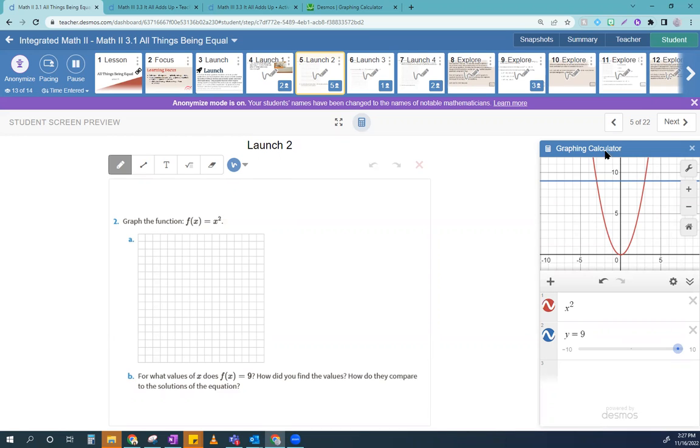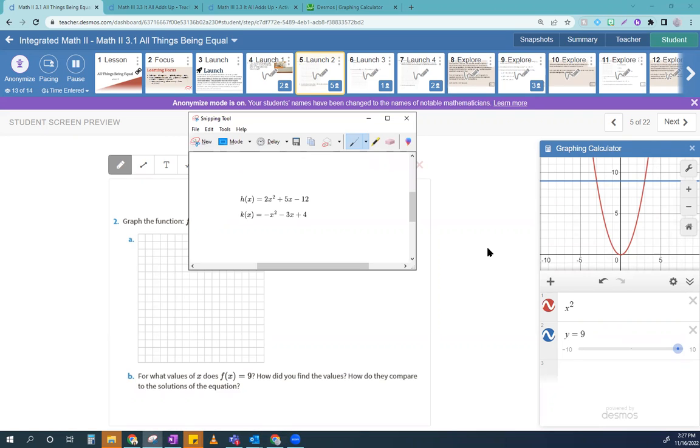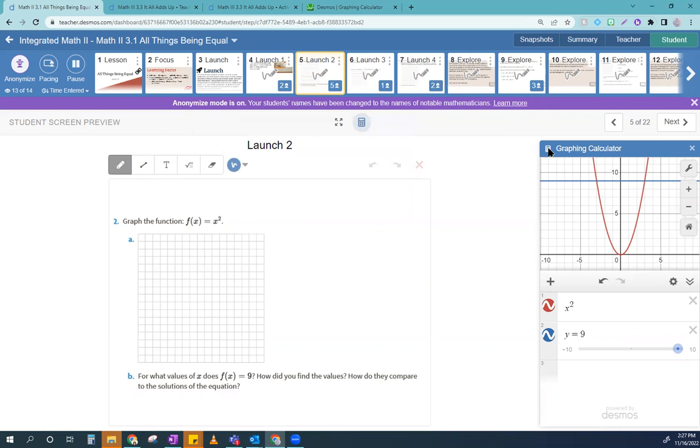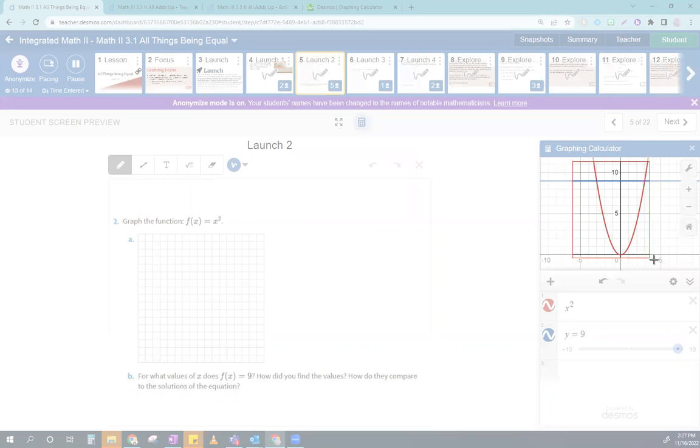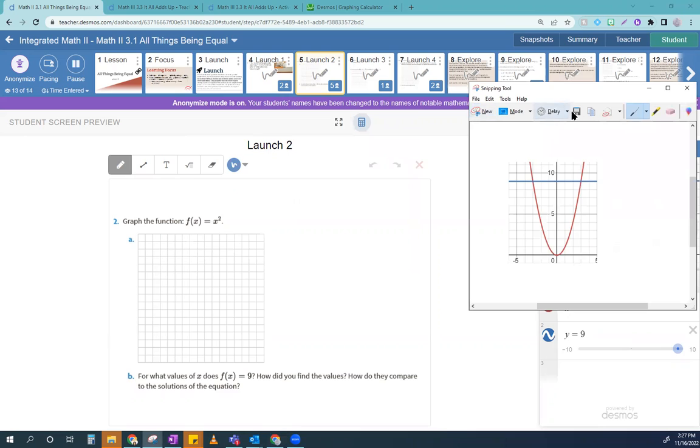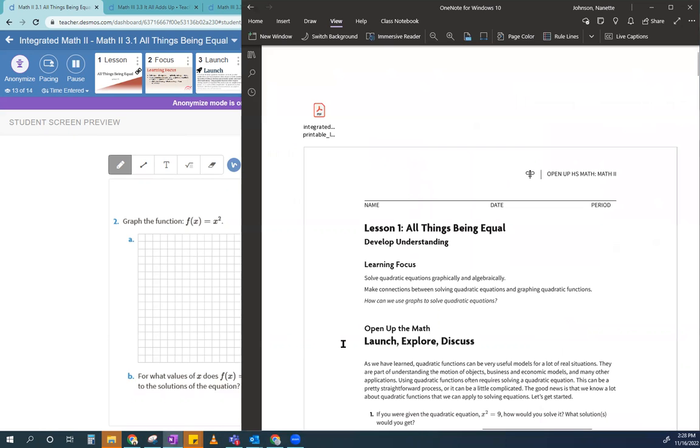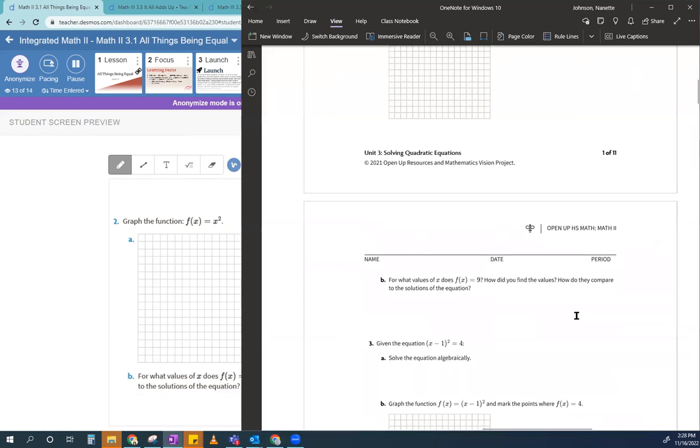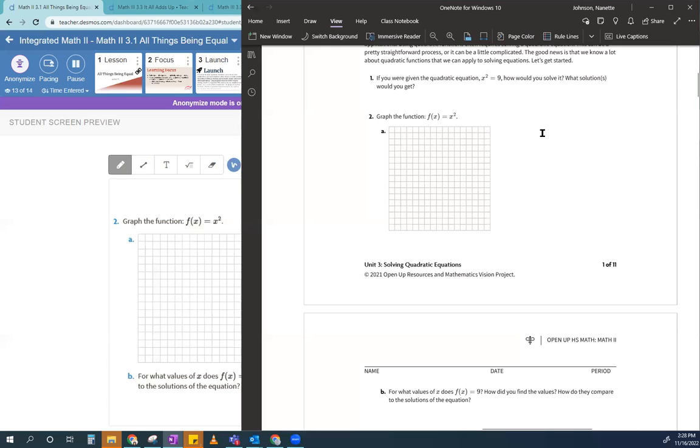What do you think is the most important part of this whole picture, this whole graph? Yeah, that they cross each other. Exactly. So the most important part is where they cross each other. Okay. So I'm going to use that to find my answers, right?